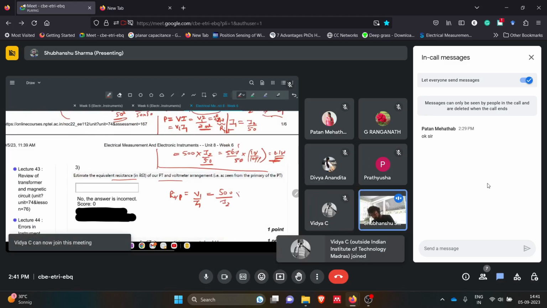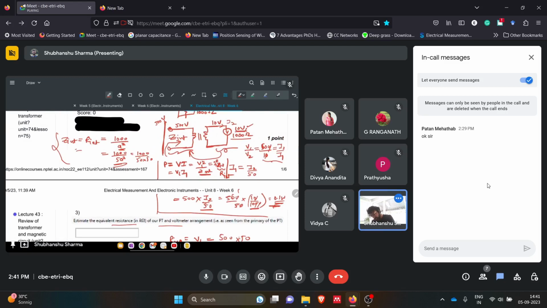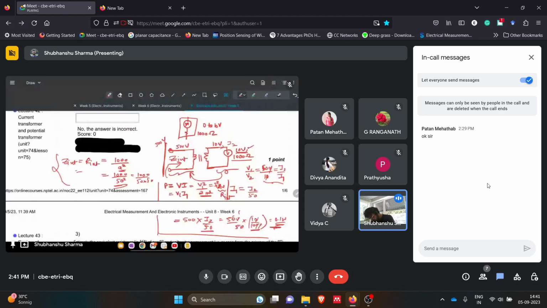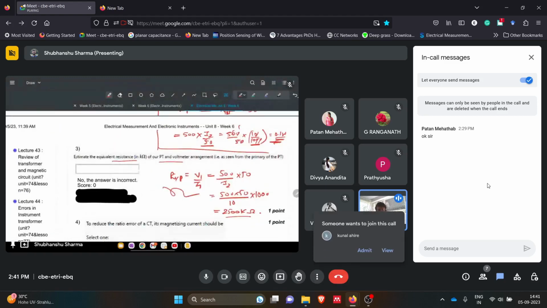So it is 500 into 50 divided by I2, which we calculated as 10 by 1000, so 10 into 1000. This will be the input resistance, so this will be 2500 kilo ohms, I think. You can go with this formula for our input resistance, that is 2500 kilo ohms.